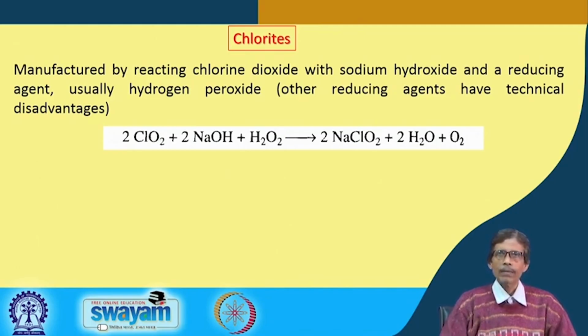Alkaline hydrogen peroxide is the specific one, and hydrogen peroxide itself is getting oxidized. We all know O2 has O2 2 minus. When it is getting oxidized by transferring 2 electrons from each peroxide molecule, that means O2 2 minus, the 2 electrons will be used for the reduction of 2 molecules of ClO2.